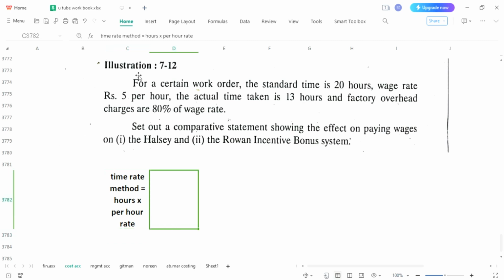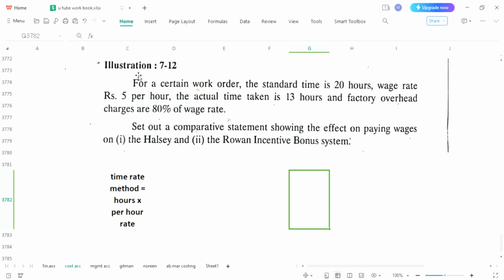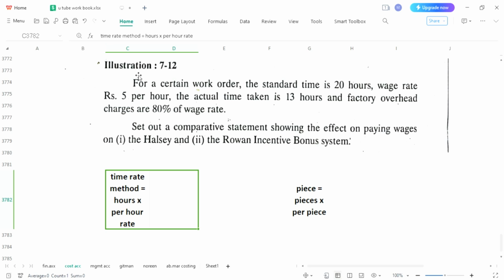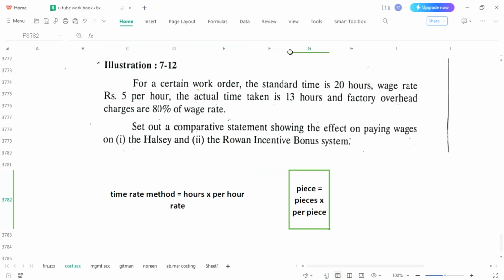And the second method is the piecework rate system, under which you see how many pieces a worker has made and multiply it with the per piece rate. So simply these two formulas would be used for calculation of any wage rate or any question of any book.